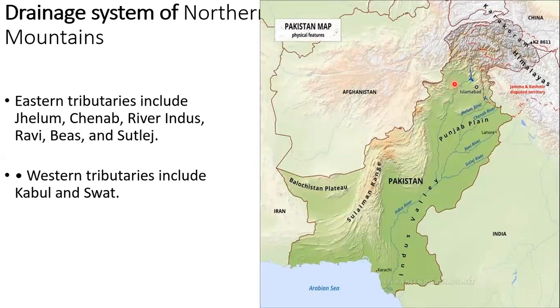And there are some other rivers like the Panjkora river and many others. So this is the drainage system. Drainage means the flow of water which happens in these regions.